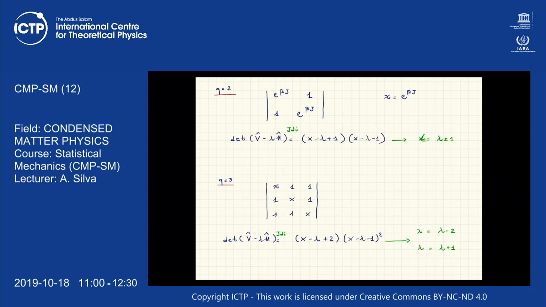Sorry, I made a mistake, made a mess here. This is x, and therefore I will get lambda equal to x plus 2, and lambda equal to x minus 1, doubly degenerate.